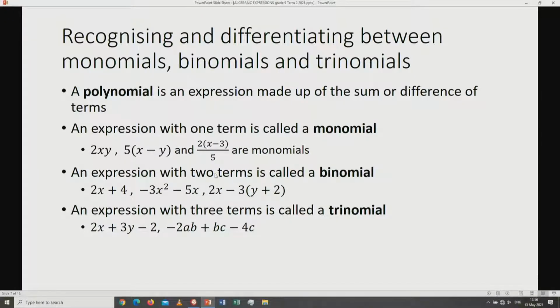When we talk of a binomial, a binomial is two terms. In this case, the term 2x is separated by a plus sign. In this case, 2x plus 4.